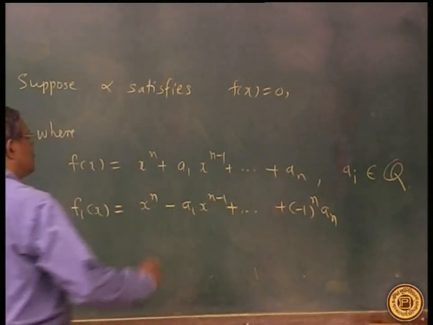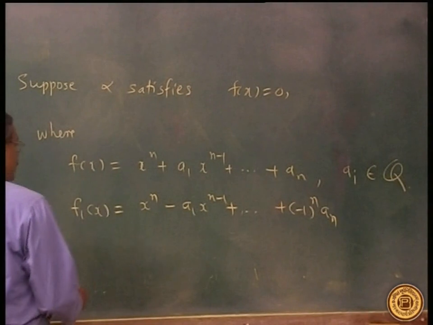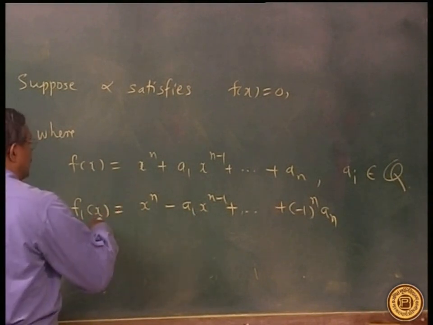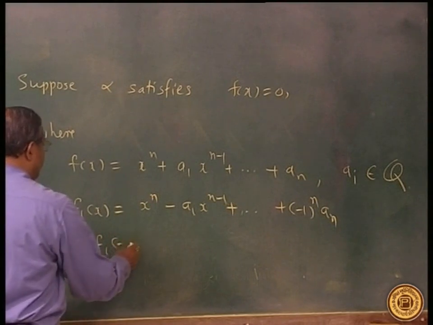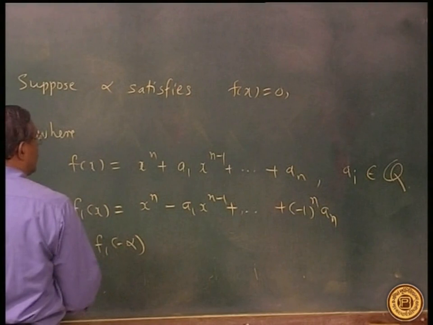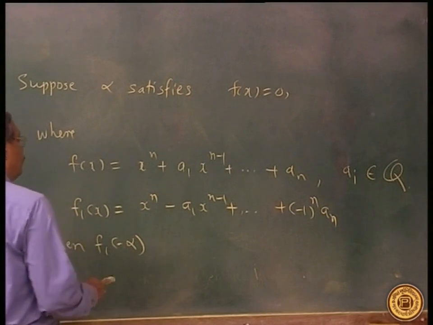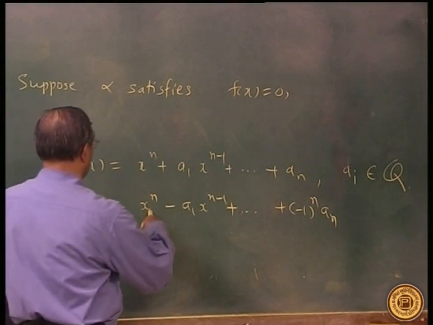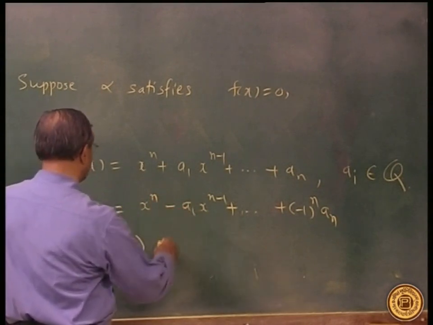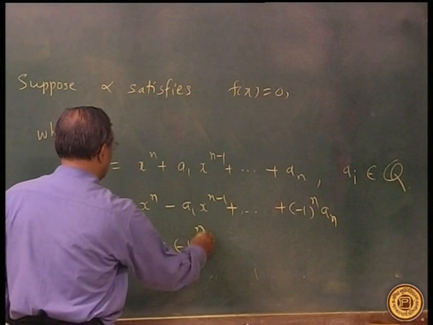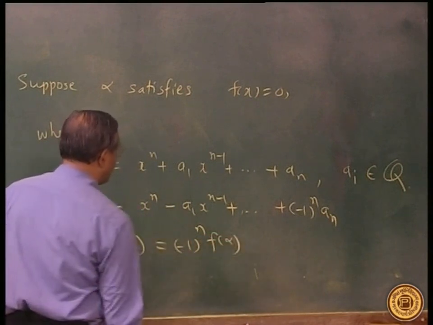Now in this, if you put x equal to minus alpha, then f1 of minus alpha will be, it is minus alpha raised to n, and every time you will get minus 1 raised to n into f of alpha.